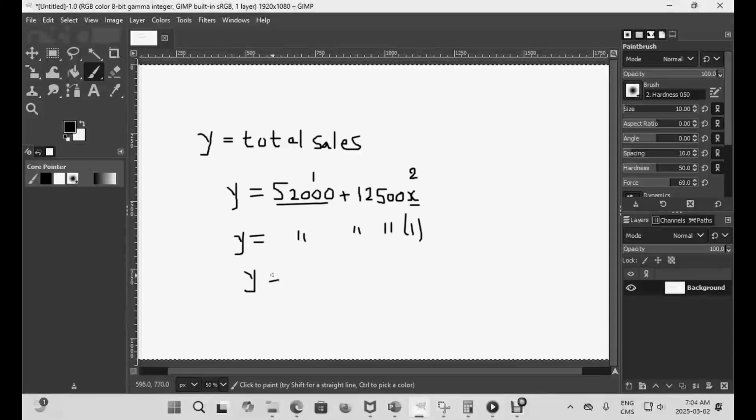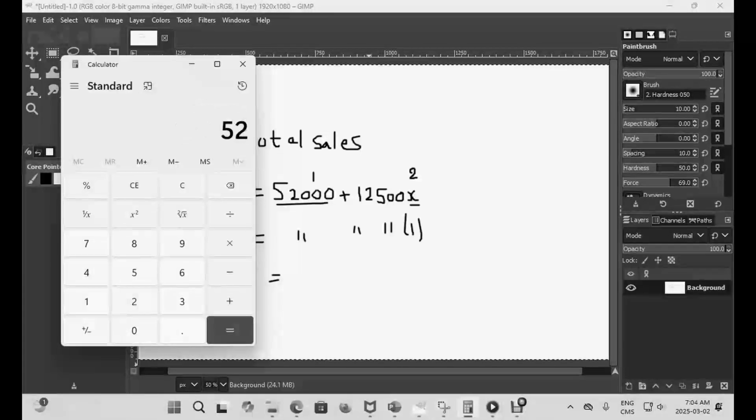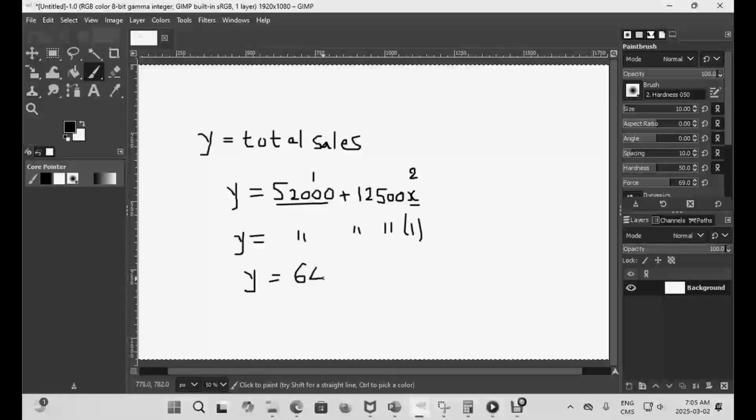Which means y will be 52,000 plus 12,500, which is 64,500. This is the sales for the second quarter.